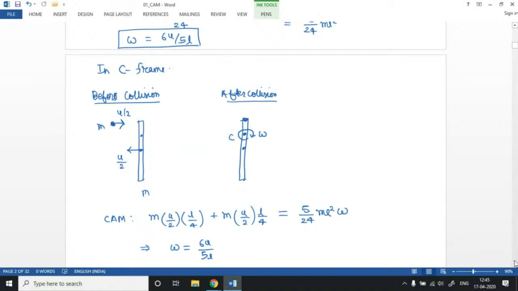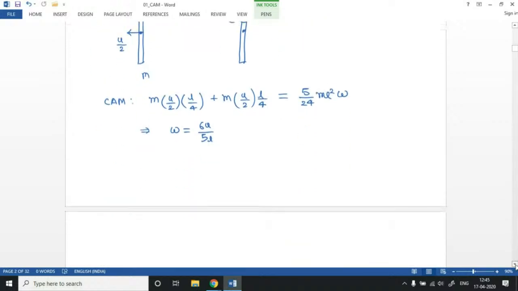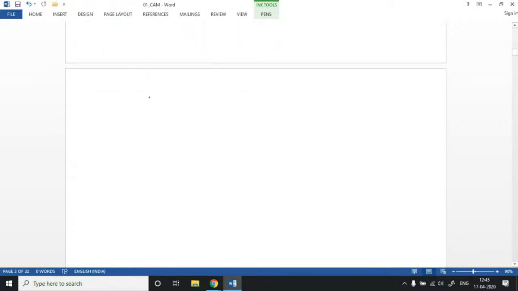Let's try to find out one more thing in this question. The problem statement is, say after the collision, we have already found out the condition. Let's say we are looking at the ground frame. So this point here is moving with velocity u by 2, that we already have, that is v, and this is undergoing rotation omega, and the value of omega was 6u by 5L.